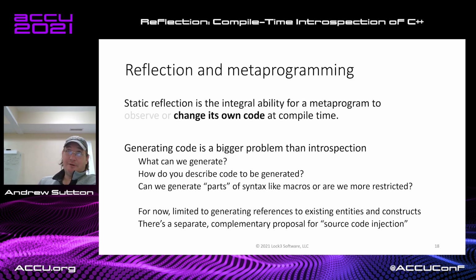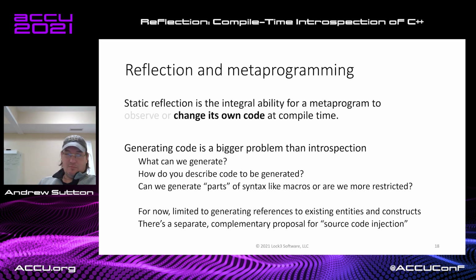Can we generate parameters, expressions, statements? Can we generate parts of statements? Can we generate parts of classes? How do we actually want to describe the code that we're going to generate? Should we just use raw strings? Should we use sequences of tokens? Or should we use something more structured and partially semantically analyzed like templates? So these are all really big questions that you have to ask for code generation.